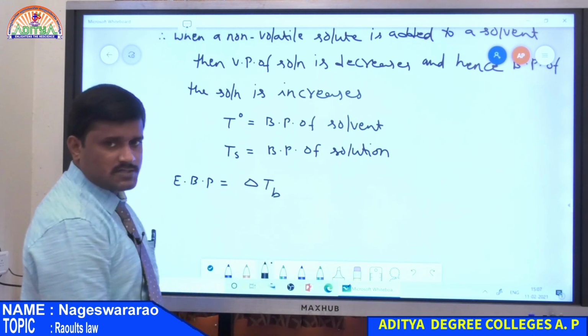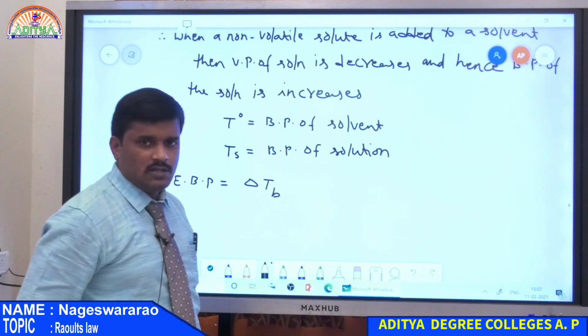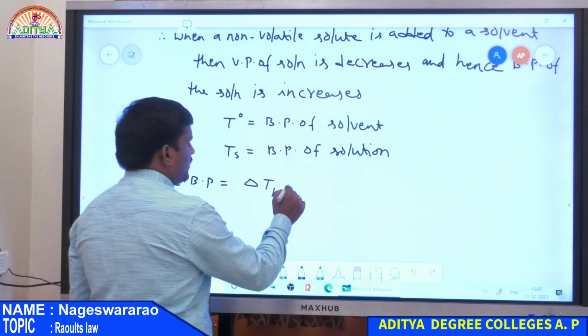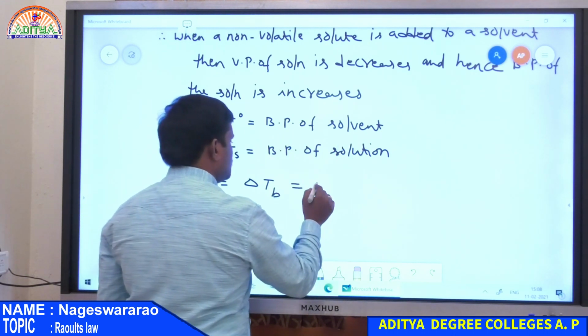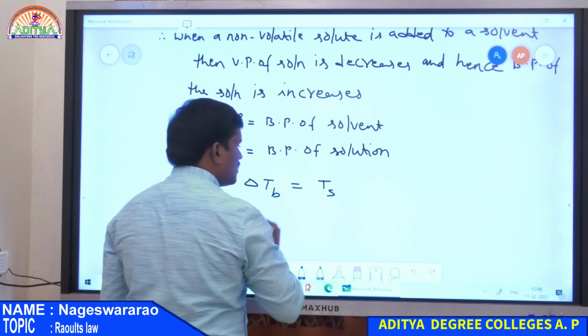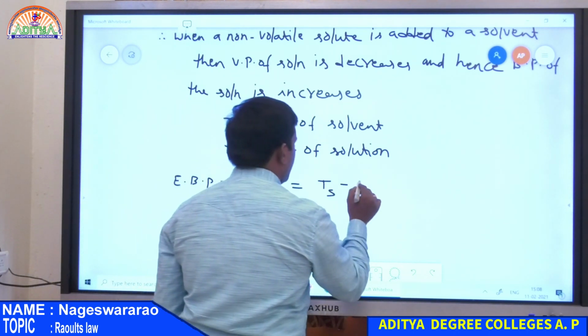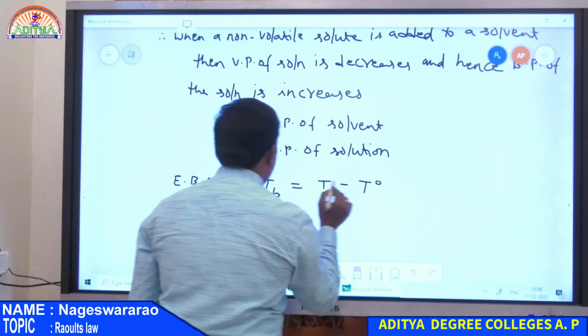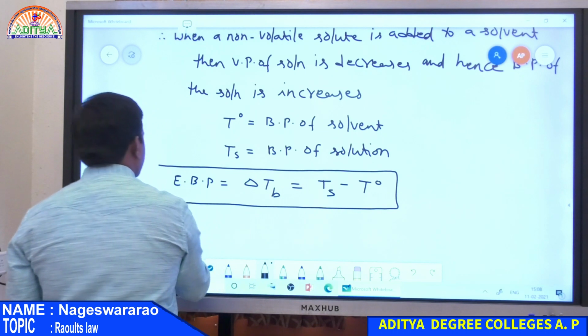Delta represents change, TB represents boiling point temperature. So what is the change in boiling point temperature? That change is given by the higher value minus the lower value: Ts, the boiling point of the solution, minus T naught, the boiling point of the pure solvent. This is known as elevation in boiling point.